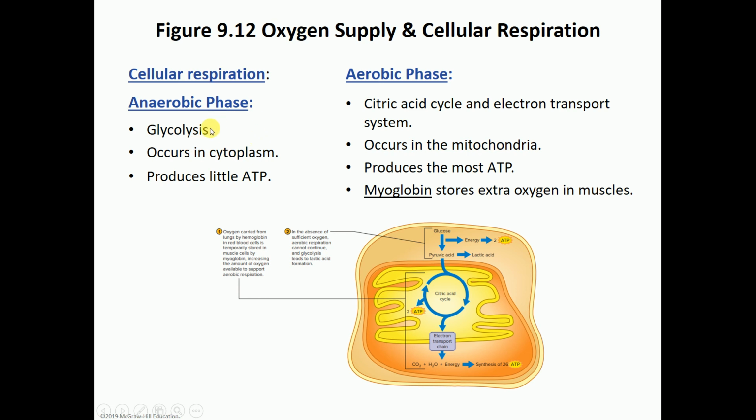So this glucose will break down, and instead of going to the aerobic phase, it ferments, it goes bad and produces what is known as lactic acid. And it is that accumulation of lactic acid that led to the soreness that I would feel the next morning.